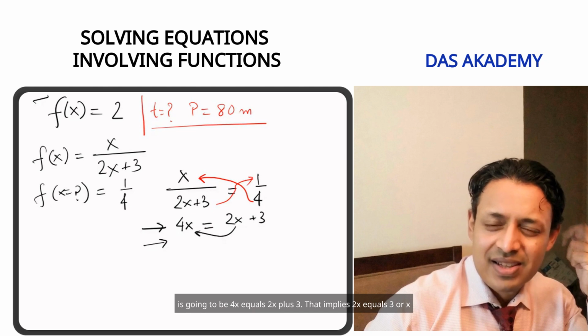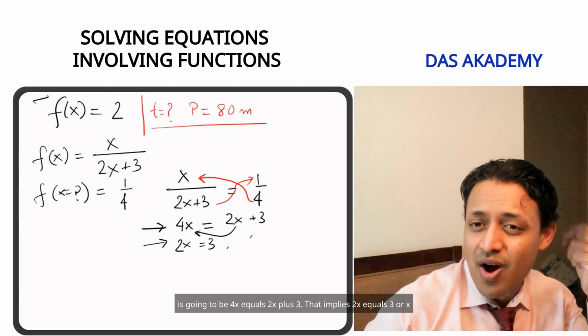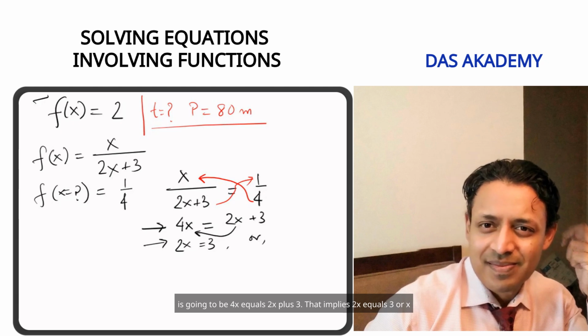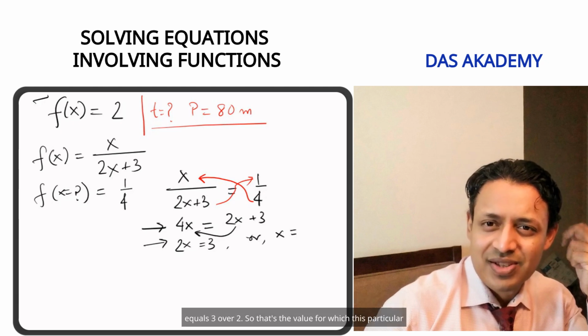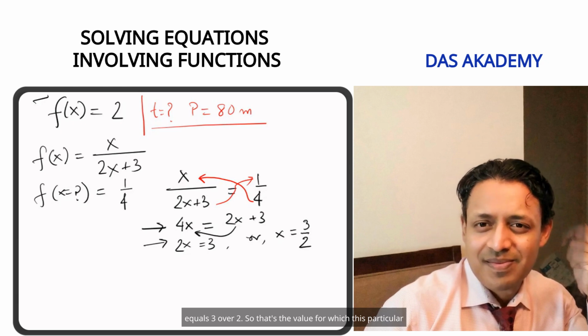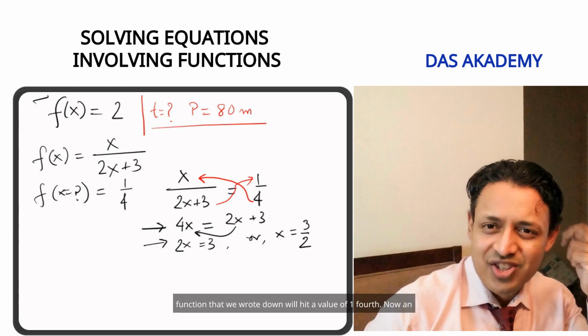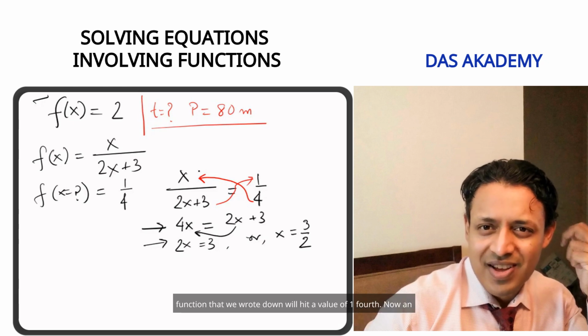That implies 2x equals 3, or x equals 3 over 2. So that's the value for which this particular function that we wrote down will hit a value of 1/4.